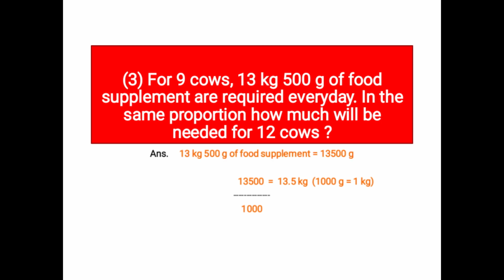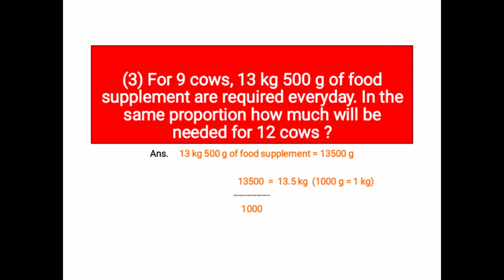13 kilogram 500 gram of food supplement is 13,500 gram. If one is given in kilogram and the other in gram, when you want to convert into gram, it becomes 13,500 gram. When you are converting gram to kilogram, you have to divide by 1000. 13,500 upon 1000 will become 13.5 kg.